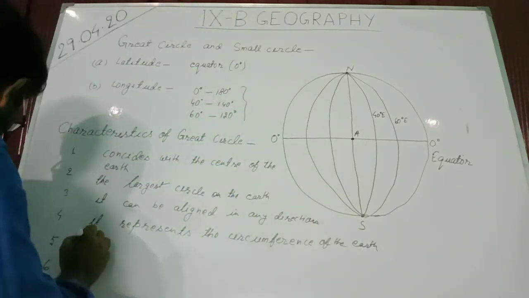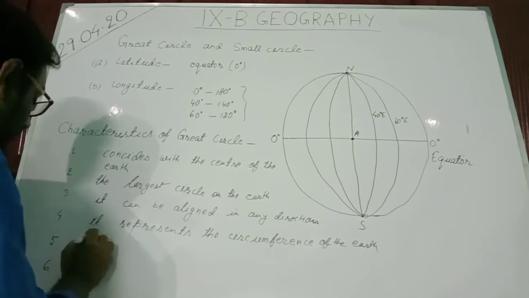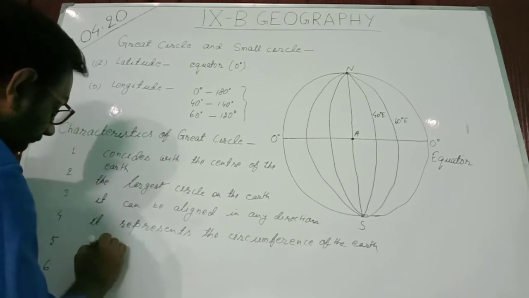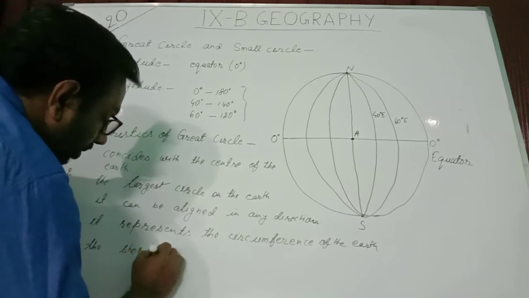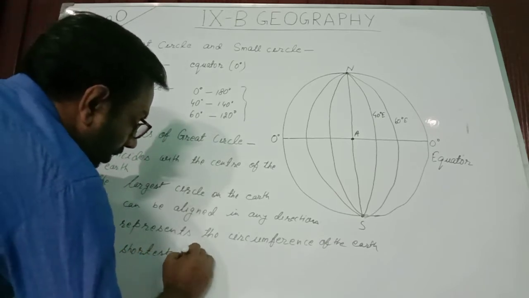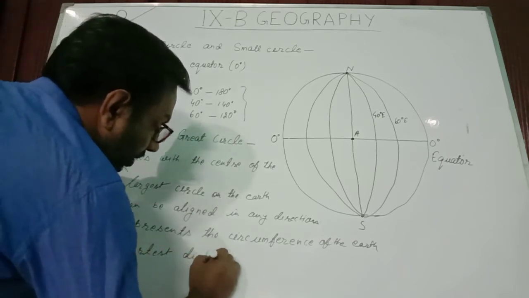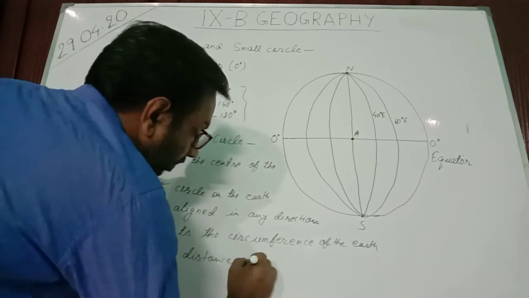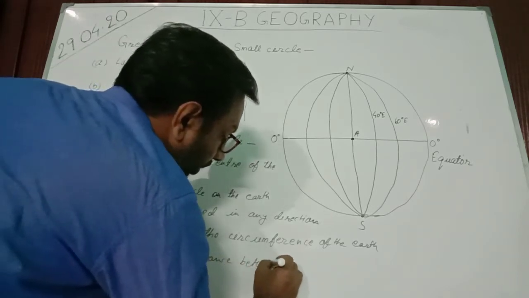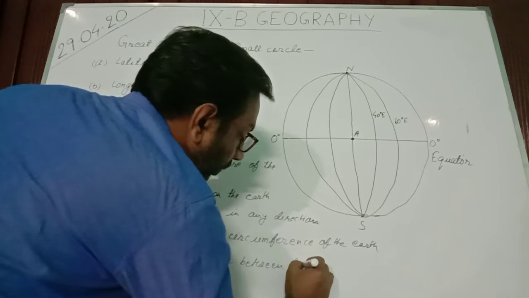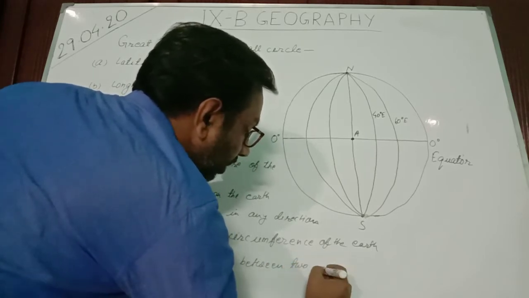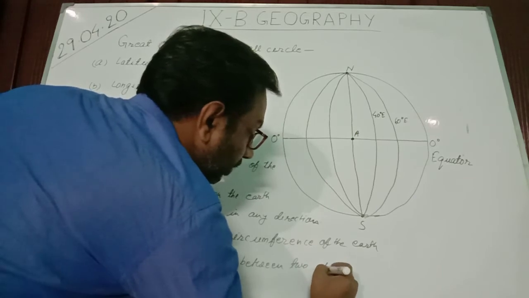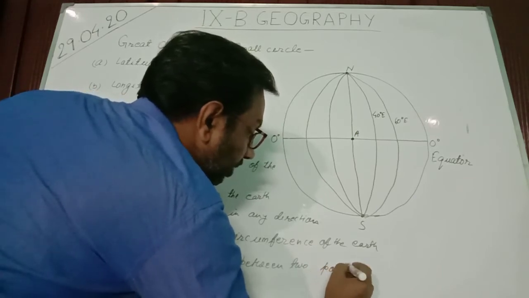And fifth, this is the shortest distance between 2 points. This is the shortest distance between 2 points.